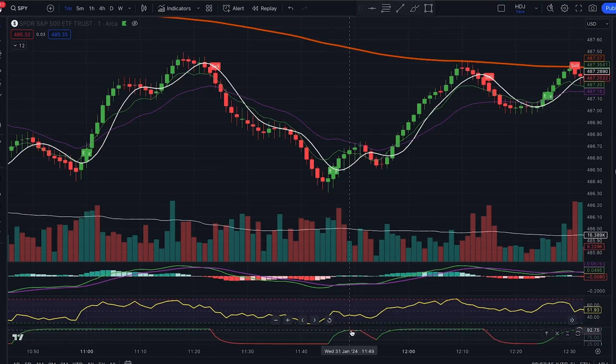But you see this little bit of red, and then a little green, and then red, and then the green came. So that's the thing with this indicator. It'll give you a few colors back to back really quick sometimes, and then it'll give the more solid, smooth color. So again, you can make a determination. You can jump in here, let's say for calls, and even if you got in right here, it never really dropped below.